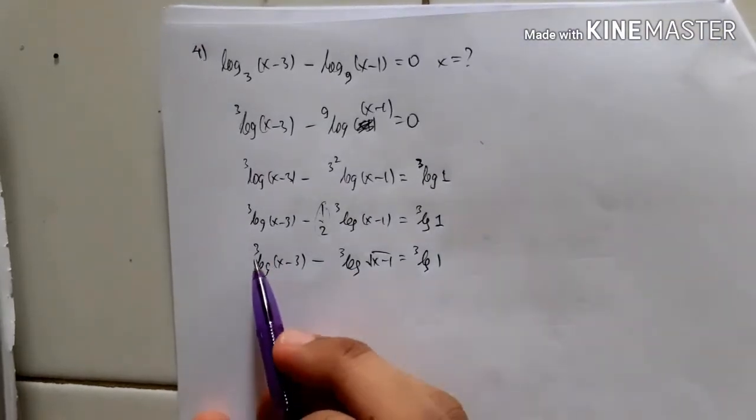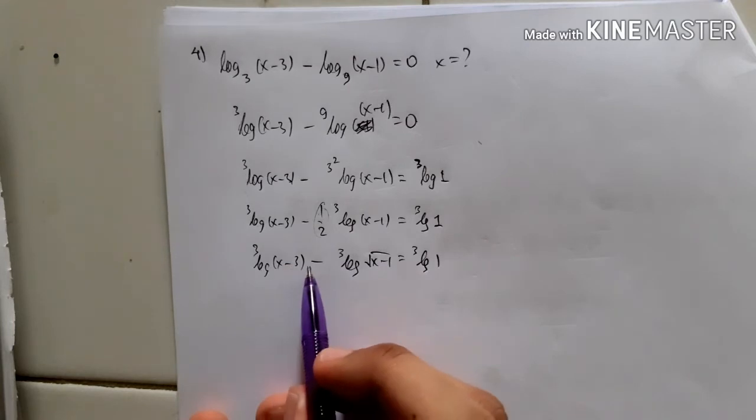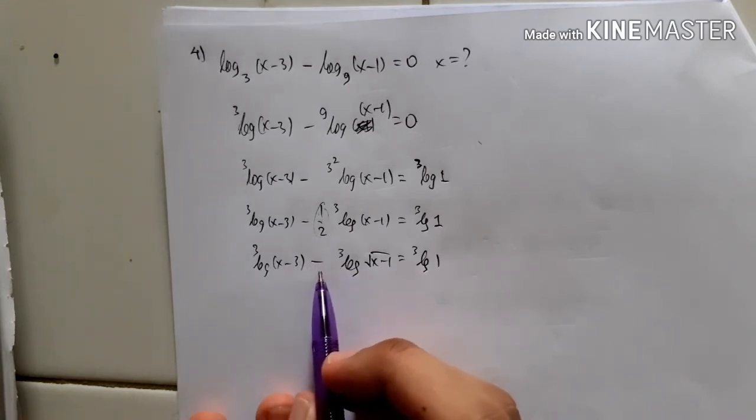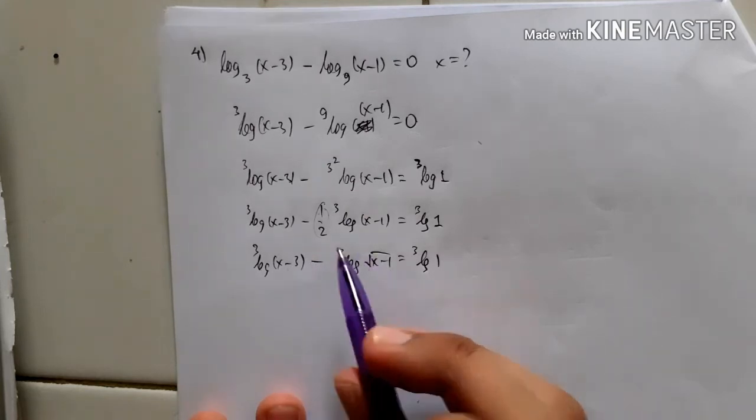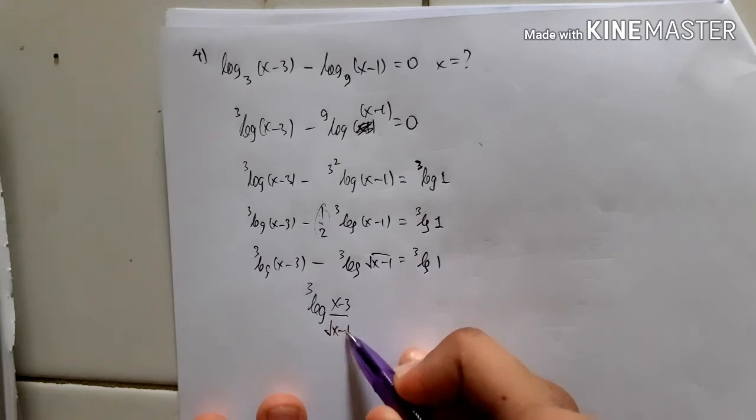Now if we have logarithms with the same base and it is either subtraction or addition, you can combine them. If you have addition, you multiply, and if you have subtraction, it becomes division this way.